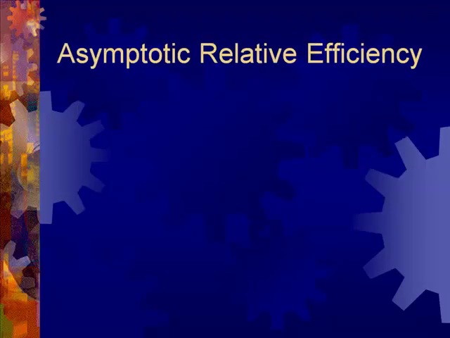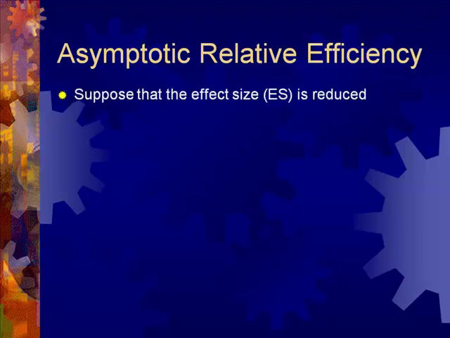An alternative is to use asymptotic relative efficiency. Suppose that the effect size is reduced. That is, we start with some effect size, say the difference between those means is 1 standard deviation, but now we reduce it to 3/4 of a standard deviation, and 1/2 a standard deviation, and 1/4.